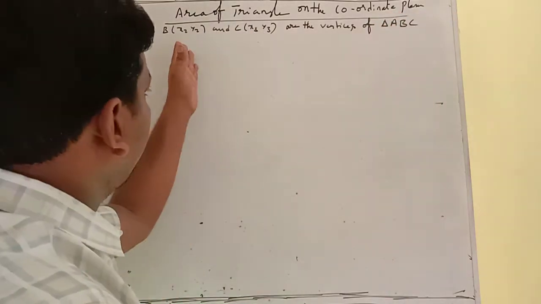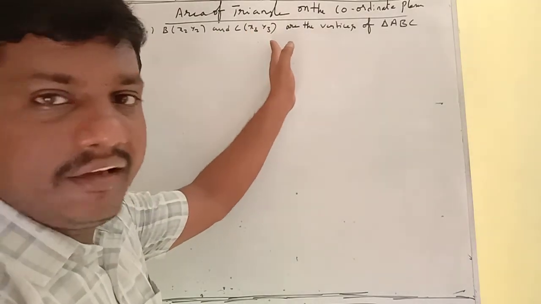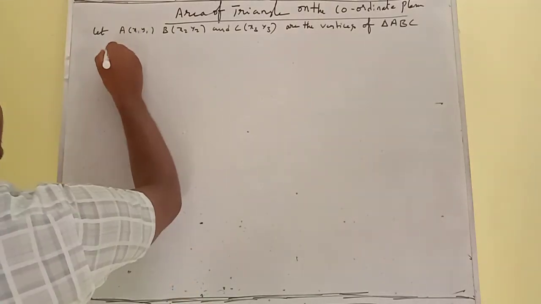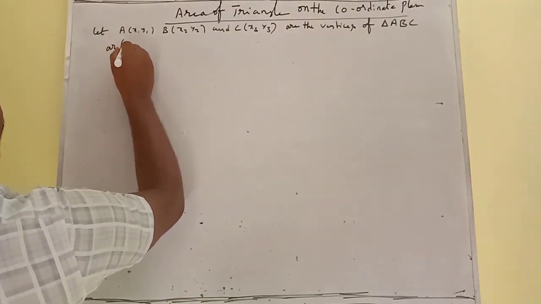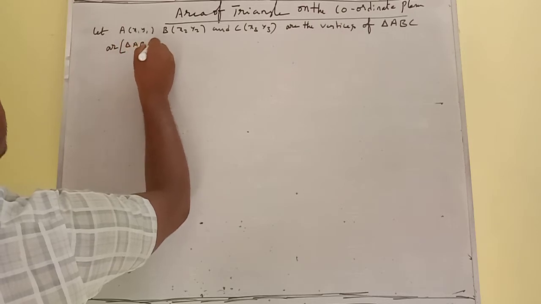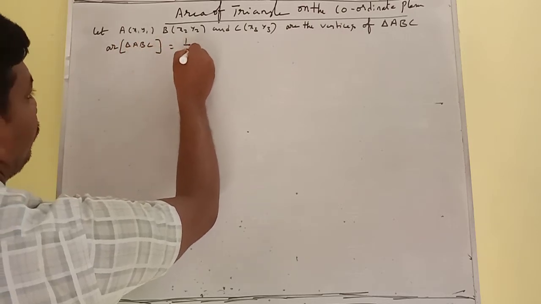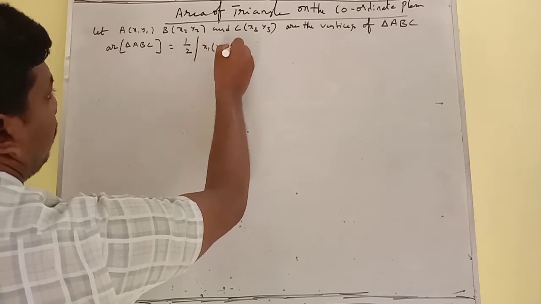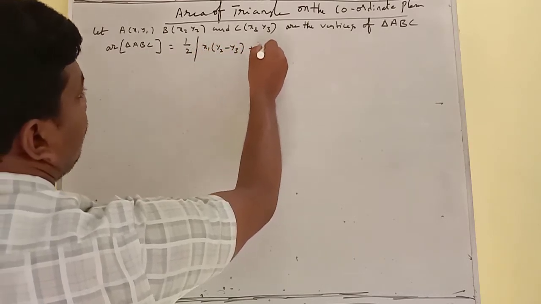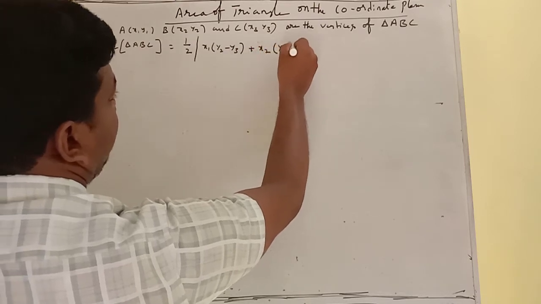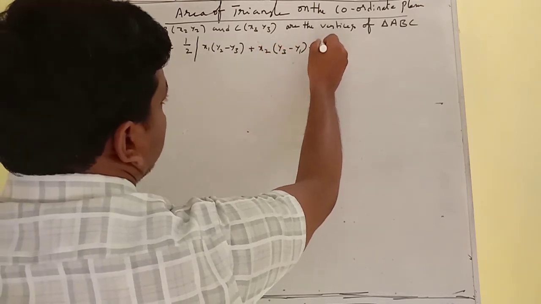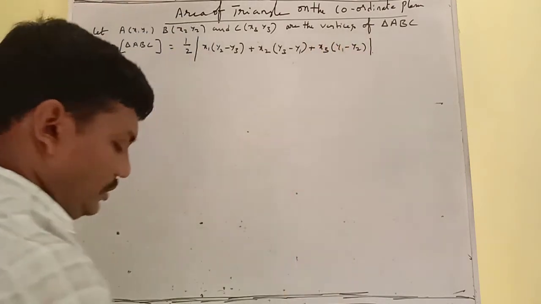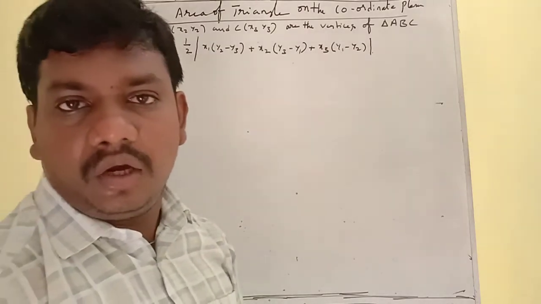Then area of triangle ABC is equal to half modulus of x1 into (y2 minus y3) plus x2 into (y3 minus y1) plus x3 into (y1 minus y2). So this formula we have to prove now.